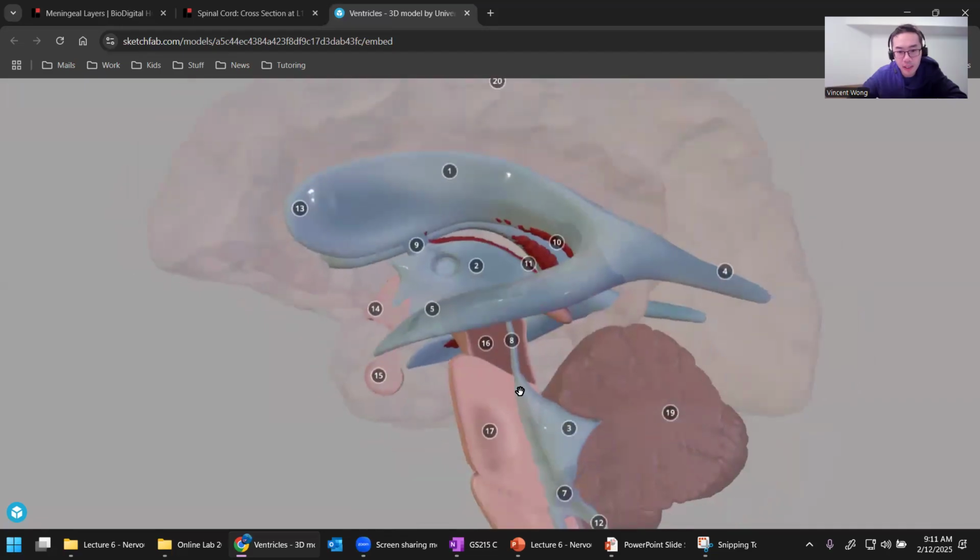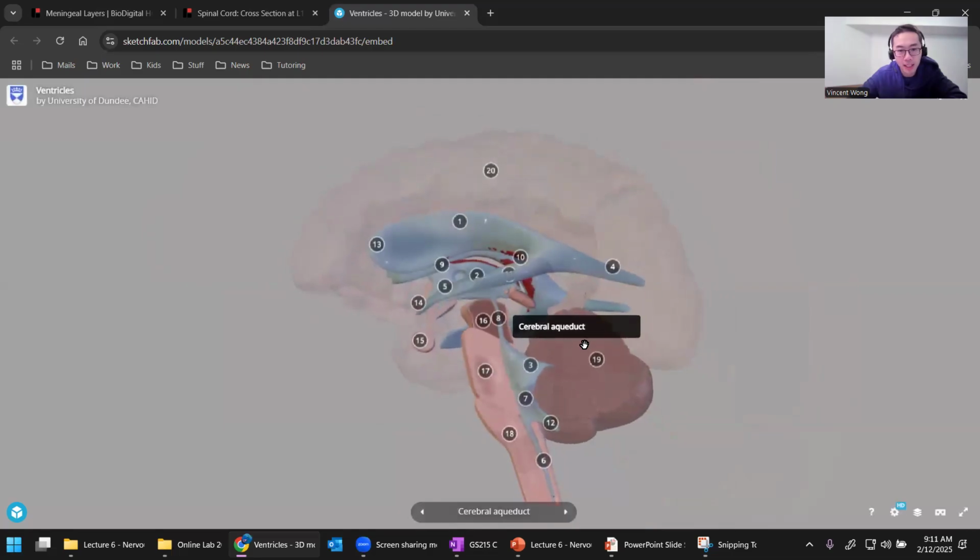So the fourth ventricle is this triangular cavity that's located between pons and cerebellum. We haven't learned those yet. We will. And the duct that connects third to fourth is called the cerebral aqueduct. So lateral ventricle, third ventricle, fourth ventricle. And then lateral and third is connected by the interventricular foramen, whereas third and fourth, they're connected by the cerebral aqueduct.